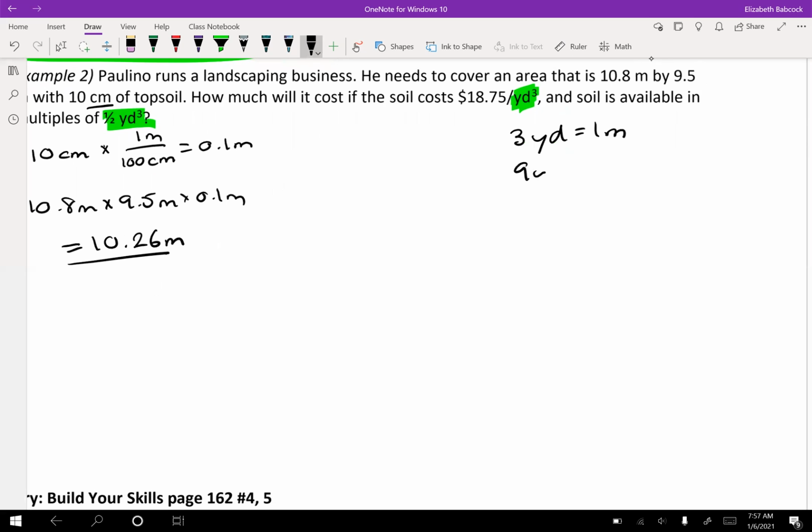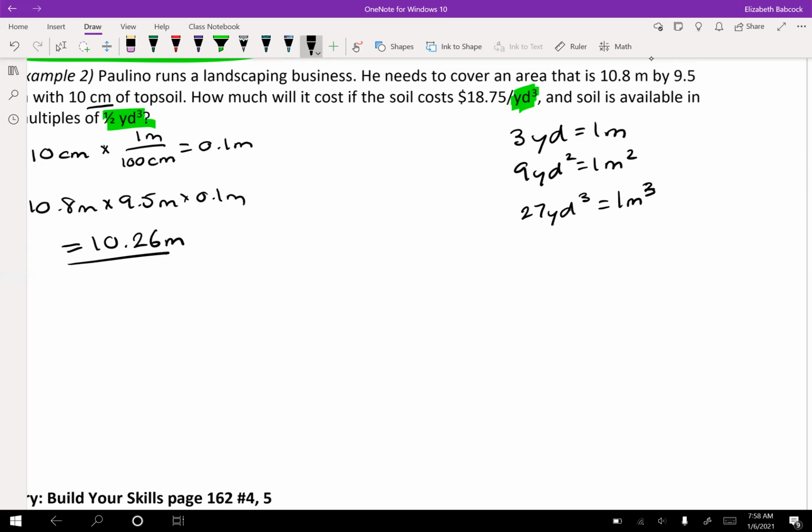So we would get 9 yards squared equals 1 meter squared, because 1 times 1 is 1 and 3 times 3 is 9. And then if we wanted to do it cubed, we'd have to cube our original numbers. So 3 times 3 times 3 is 27 yards cubed, and 1 times 1 times 1 is still 1 meter cubed.